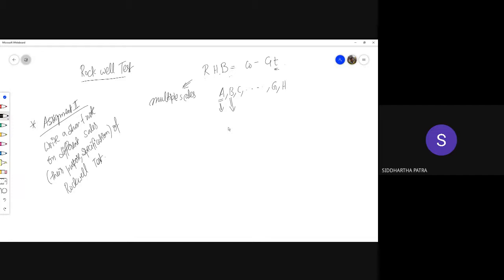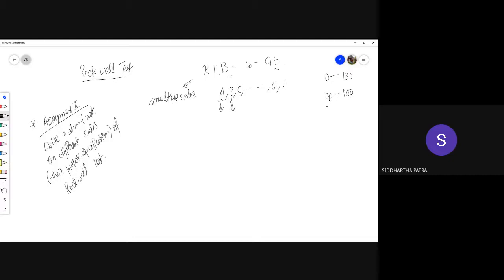If the hardness range of the materials is much higher or much lower, probably you need to switch to a different scale. So in any scale, the Rockwell hardness number varies between 0 to 130. But if you are less than 30 or more than 100, you should probably switch to the neighboring scale, neighboring lower or higher scale. As long as the values are within 30 to 100, you are good to go. But if the hardness number is outside this range, you should probably switch to a different scale. That's the idea.